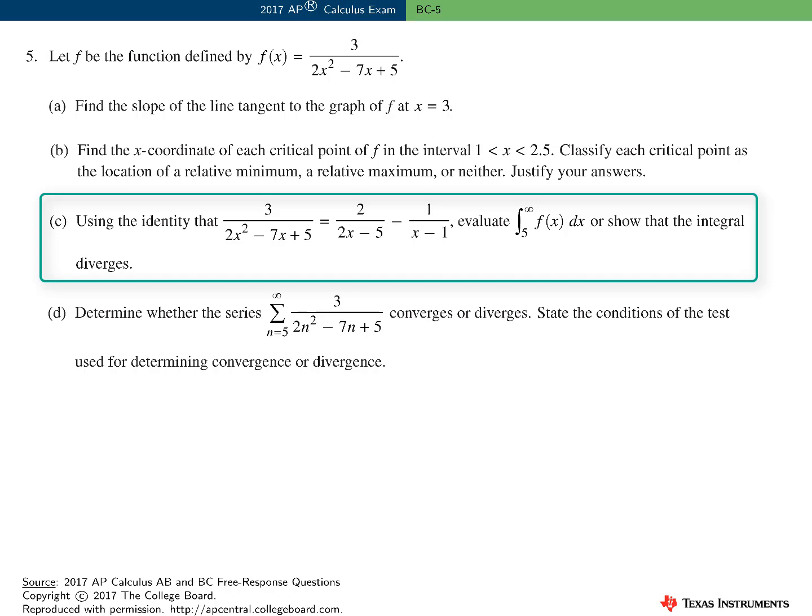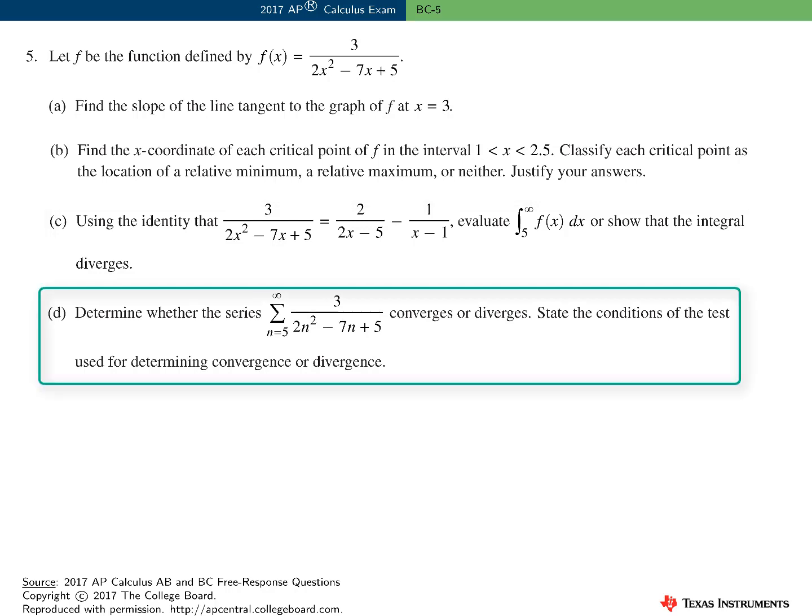In part C, students were asked to use the partial fraction decomposition of the function f to evaluate an improper integral. And in part D, students were asked to determine whether a related series converges or diverges.